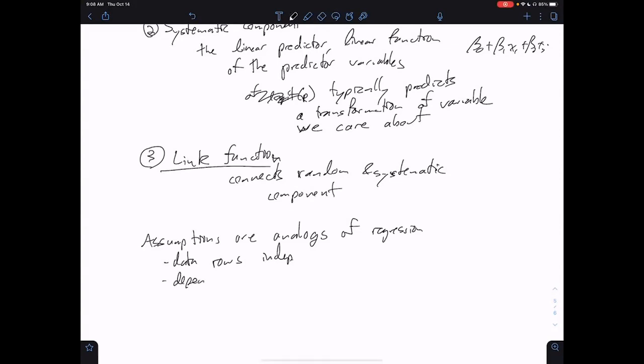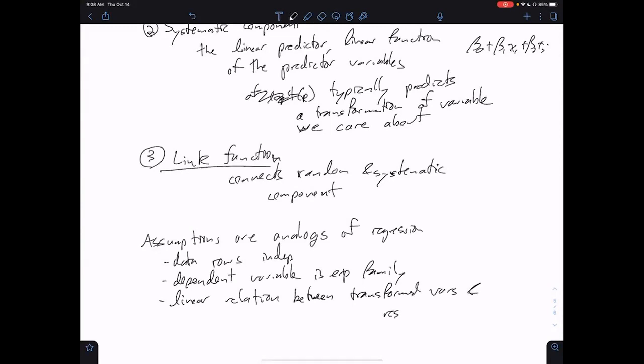The dependent variable truly is an exponential family, and it's the right one. And we have a linear relationship between transformed variables and response after link, after hitting it with the link function.